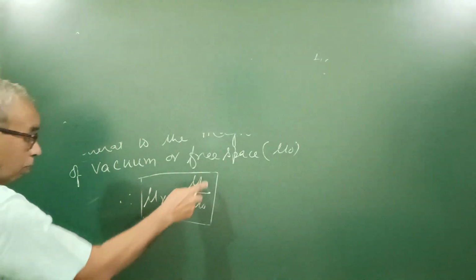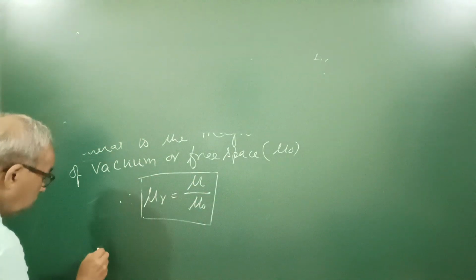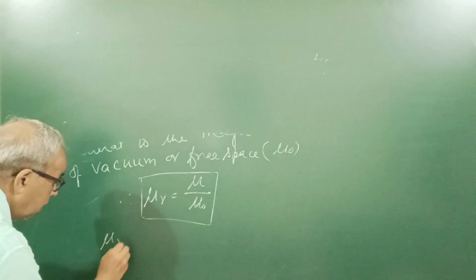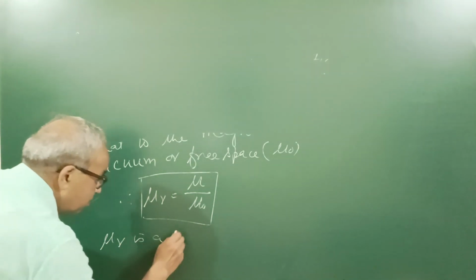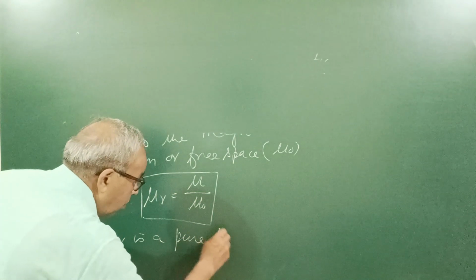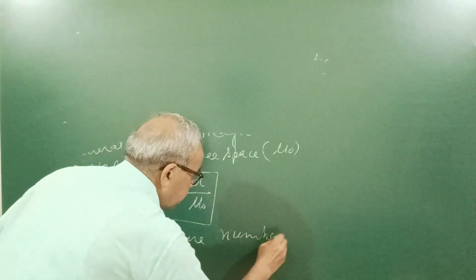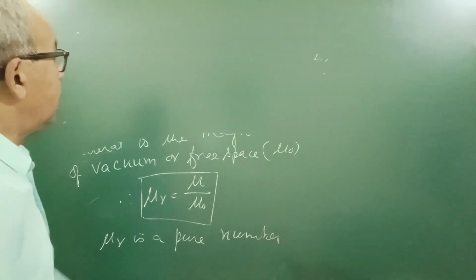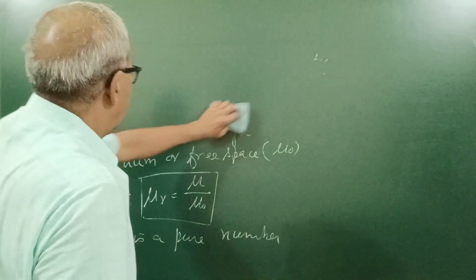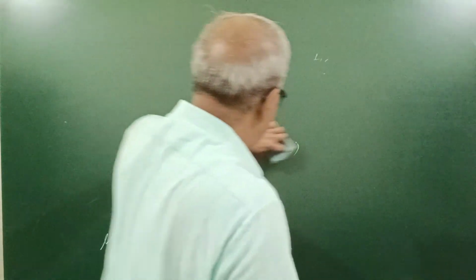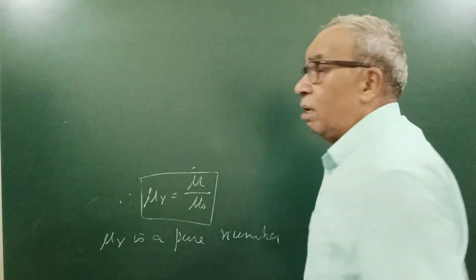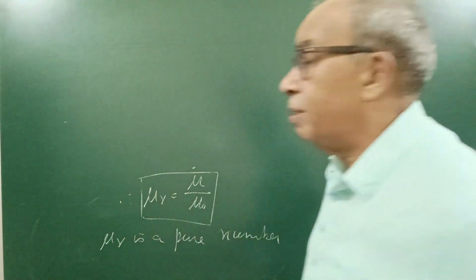Mu upon mu zero, mu r, is a pure number. It means it has no unit, and its behavior in mathematics is like the dielectric constant.